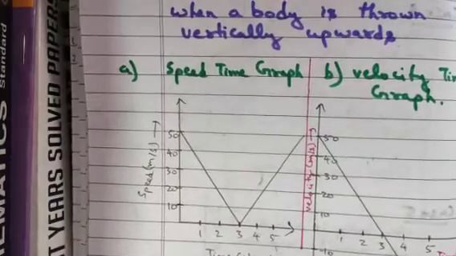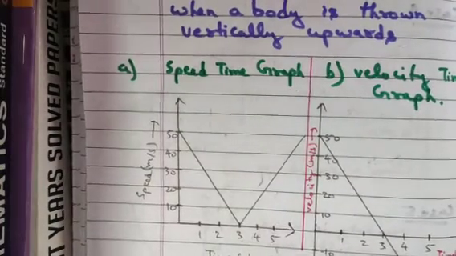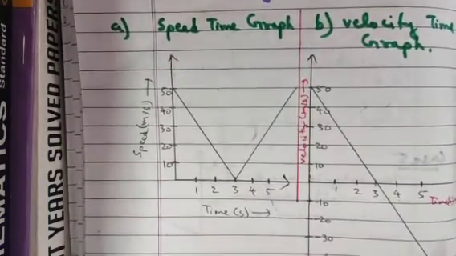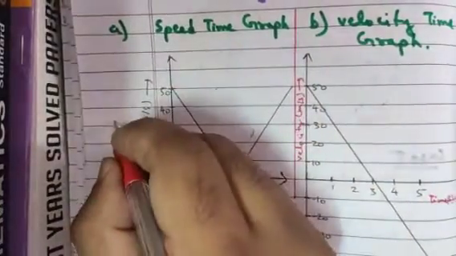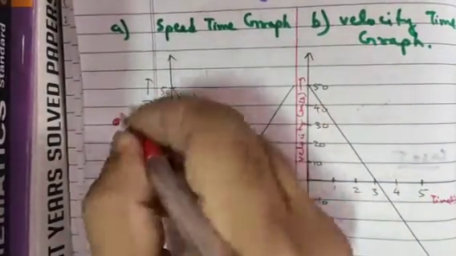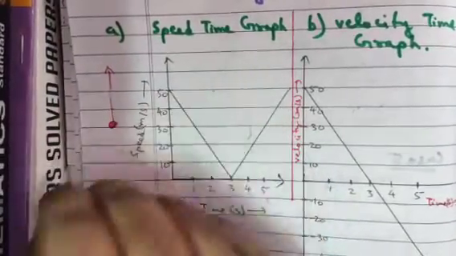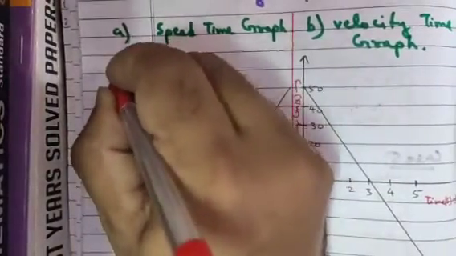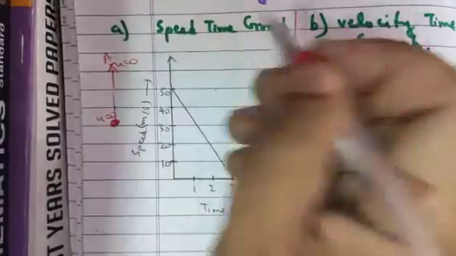Now let us look, when a body is thrown vertically upward, then what will be the type of speed versus time graph and velocity time graph. So if the body is thrown vertically upward, when a body is moving from ground to upward direction, initial velocity, and when it reaches the maximum height, then the velocity becomes 0.